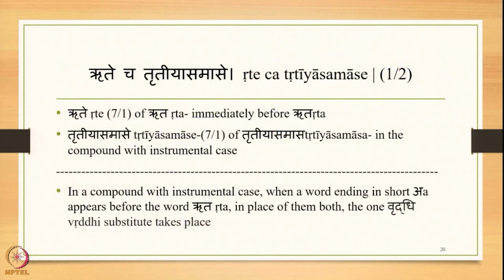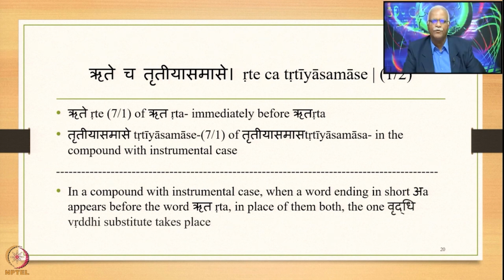The next statement is rite cha tritiya samase. Rite is 7/1 of rita, meaning immediately before rita, and tritiya samase is 7/1 of tritiya samasa, in the compound with instrumental case.